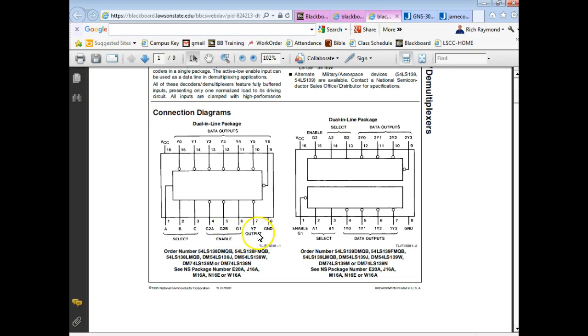The outputs are labeled Y0, Y1, Y2, Y3, Y4, Y5, Y6, Y7. Those are your outputs. The 7442 labeled them 0, this guy labels them Y, but it's still 0 through 7 because it's a 3 to 8 decoder.